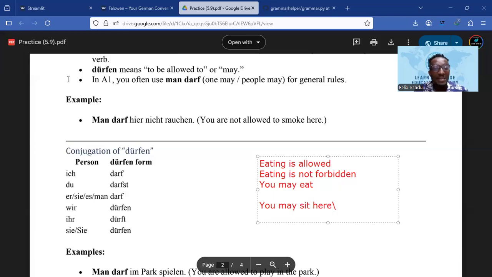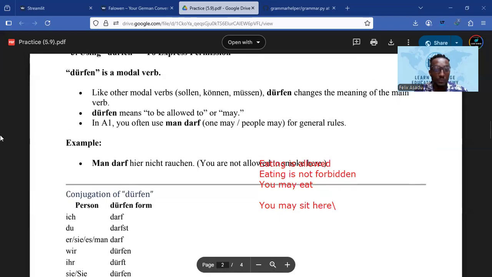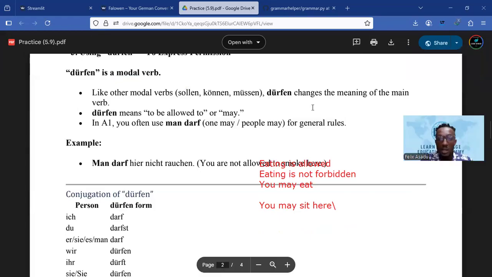So may in German is dürfen. And it's like the other modal verbs like sollen, können, dürfen, and it changes the meaning of the main verb. So dürfen simply means to be allowed or may. And in A1, when you want to use may, mostly they use man, which is someone, to differentiate it.